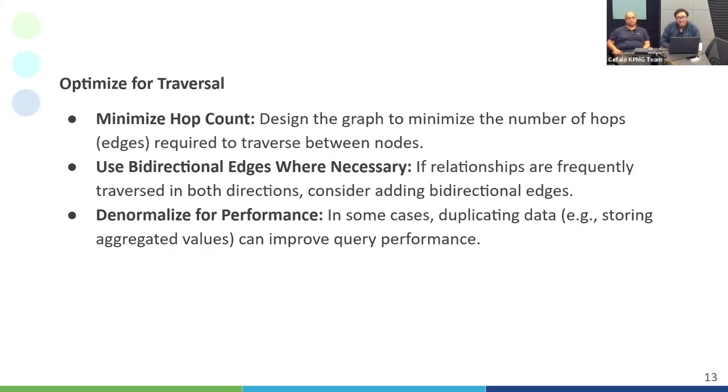Another thing is that the hopping can be bidirectional. We have to keep in mind that user A can be friends with user B, but also user B can be friends with user A. In these cases we have a bidirectional attachment with both. If you think of a relational database, you have to put two entries in the database.